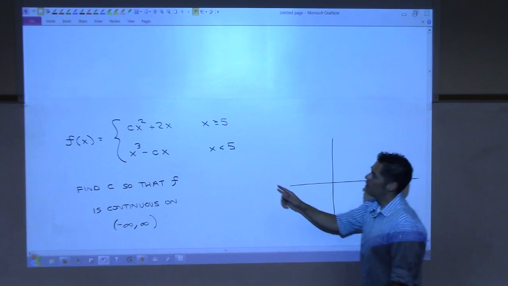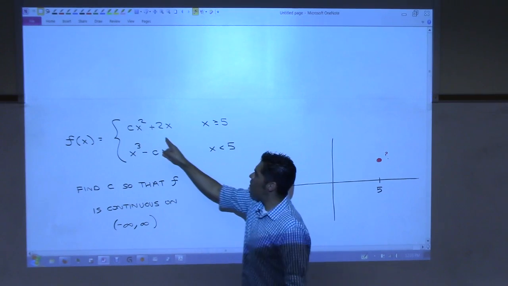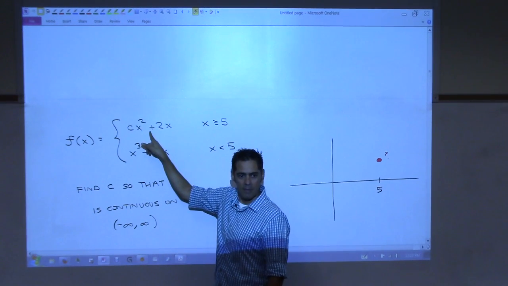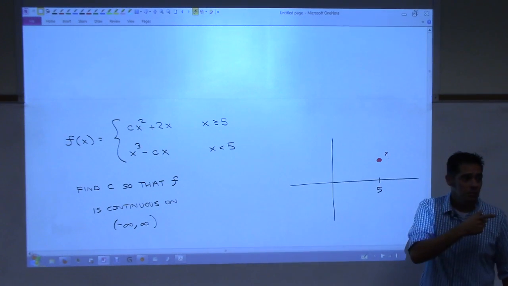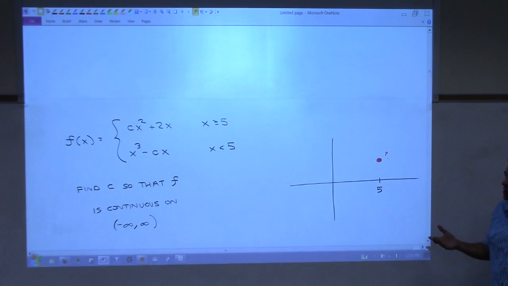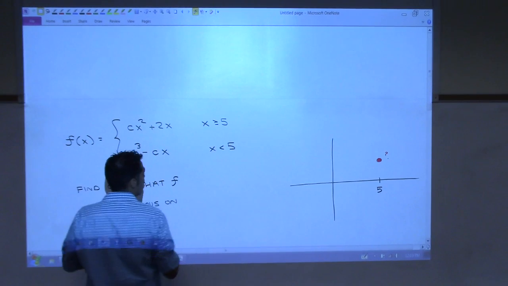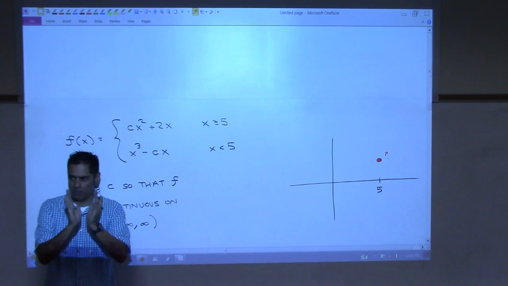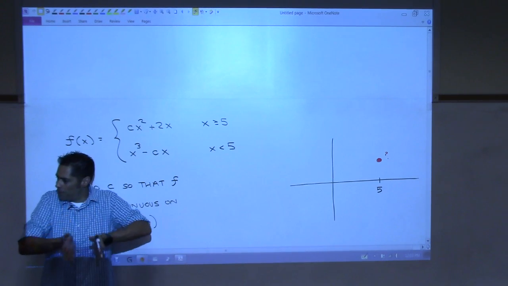And then, if I'm bigger than 5, that's to the right of 5, I'm going to draw this, aren't I? And what is that if I drew it? It's a parabola, right? x squared. The c in front has an effect on it, but it's still a parabola, right? The number in front of x squared controls how narrow it is, and also if it opens up or if it opens down.